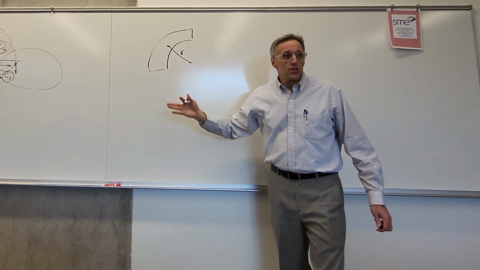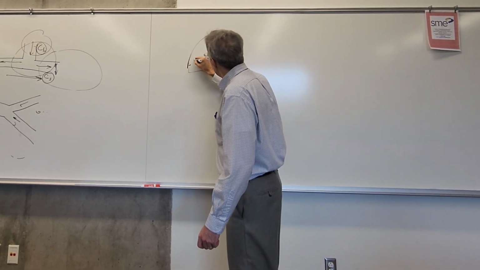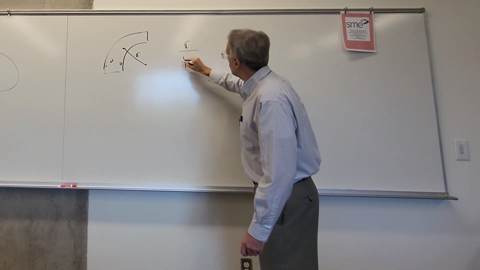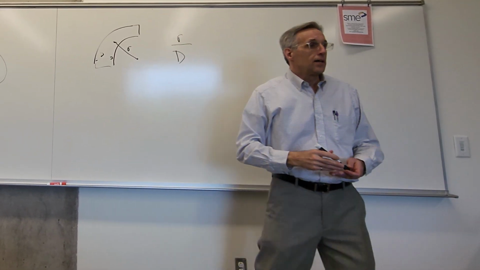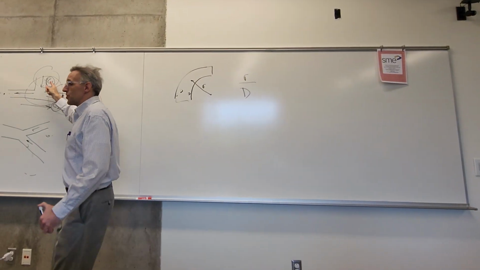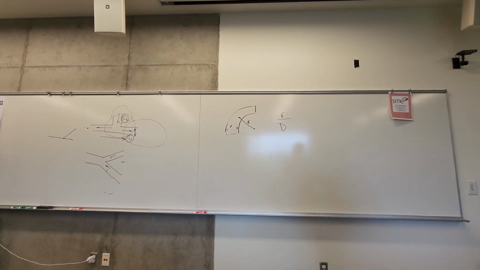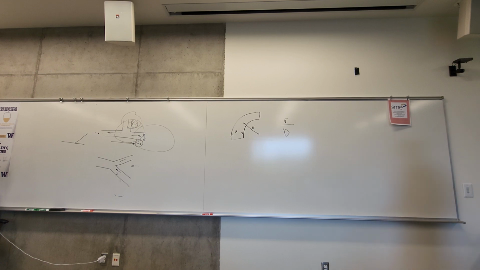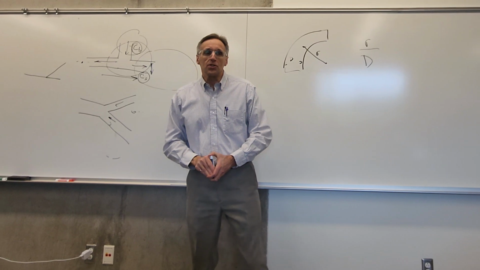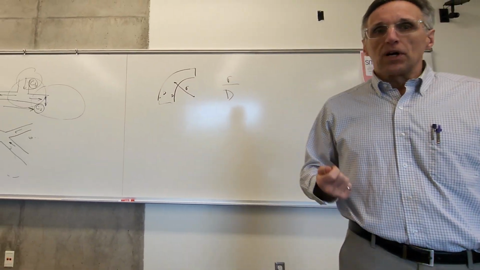So there's a radius of the turn, and typically we look at the ratio of the radius of the turn to the diameter of the duct. And so just to get one of these loss coefficients, you might have to do several calculations and then add correction factors on top of that. So it can be quite time-consuming and really quite a hassle just to figure out the loss in one piece of ductwork, or one fitting.